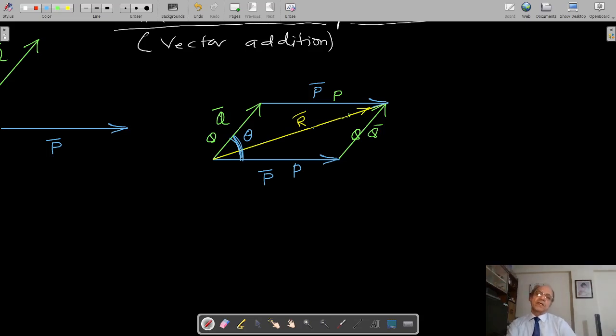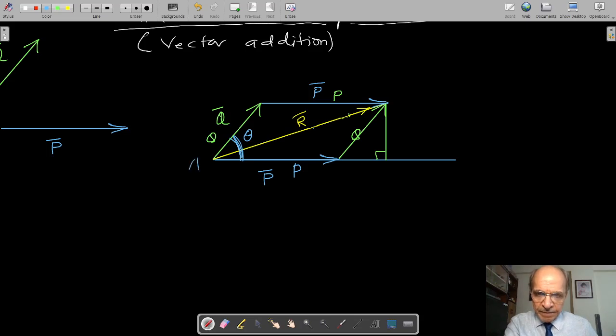Now look at the geometry. Using trigonometry we can easily calculate the value of R, isn't it? I will remove this Q from here so that my figure looks a little bit cleaner. I will extend this side from here to here, and then I will draw a perpendicular from here on this side. So this is the perpendicular. Now let me name it.